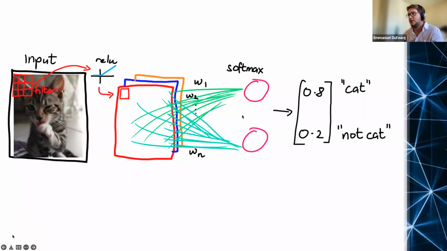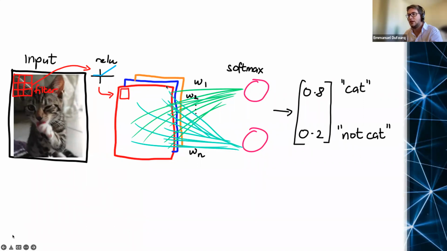So essentially, this is it, right? There's an input image. We take our filter and we apply it to the image. And we apply an activation function, which creates the values in the feature map. And if we have 10 filters, we have a depth of 10 in our feature map.